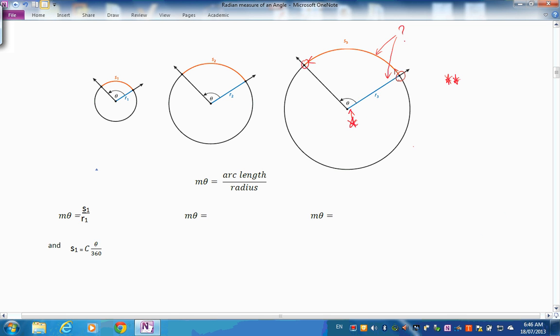Quite clearly, you can't measure the angle here by just the arc length, because look at this circle. Same angle theta in these three circles, so they all have different arc length. But something that is interesting, and this is what we're going to prove now, if you use a measure of angle theta as arc length over radius, then that is constant for any angle in a circle like that.